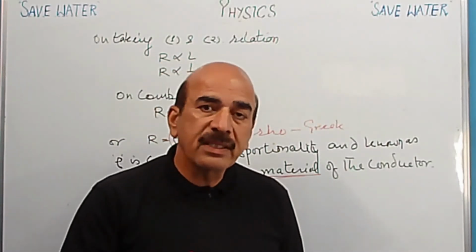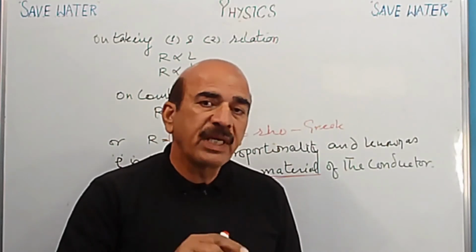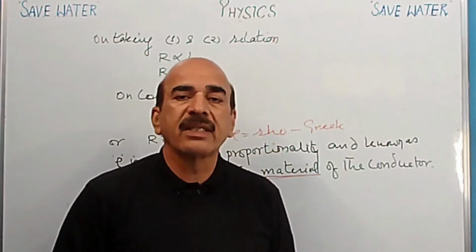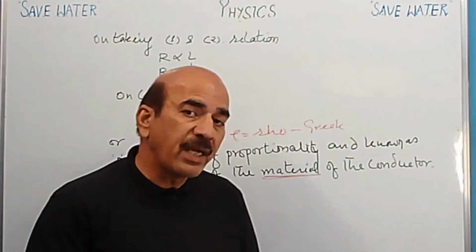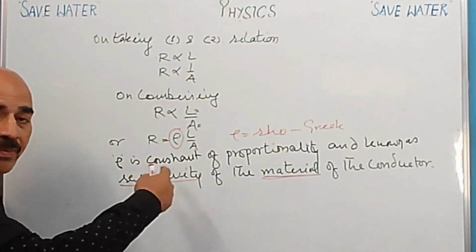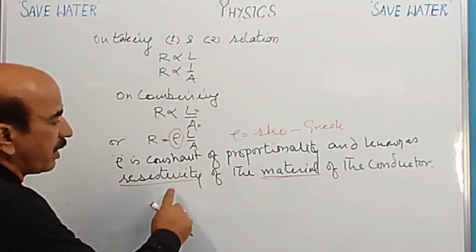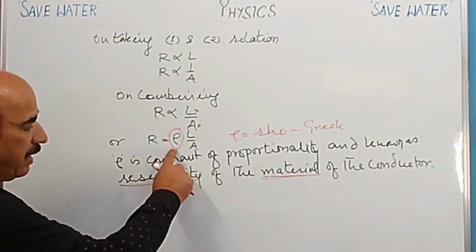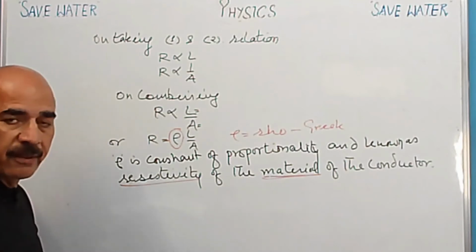Two conductors can have the same length and the same area of cross section, but if they are made of different materials, means one is of copper as we have discussed and another is of aluminum, both will have different resistance. Why? Because of the nature of the material.